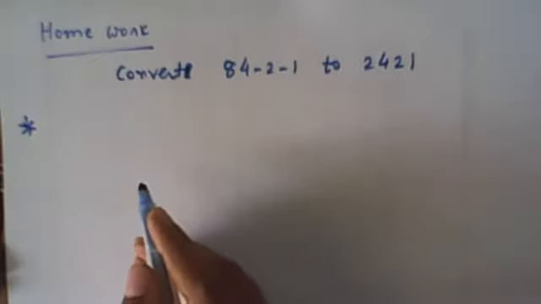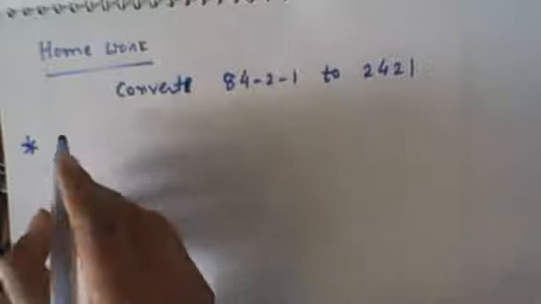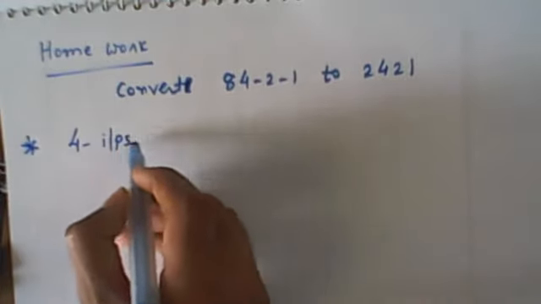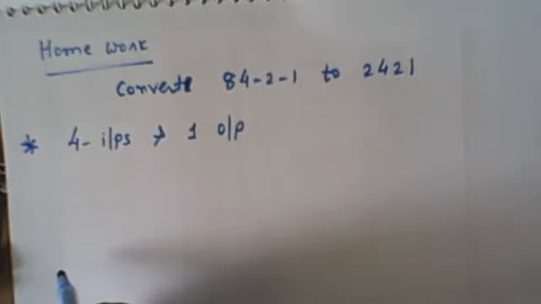The problem statement: a combinational circuit has four inputs and one output. The output is equal to 1 when all inputs are equal to 1.